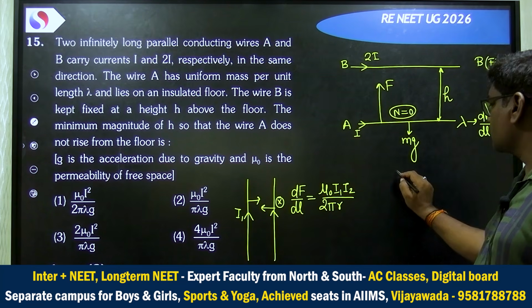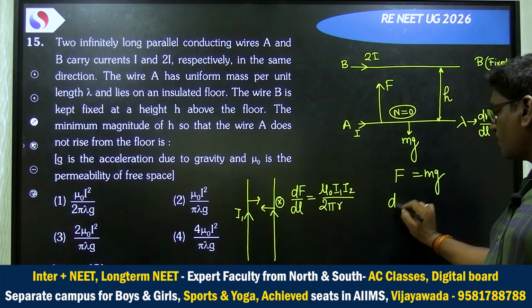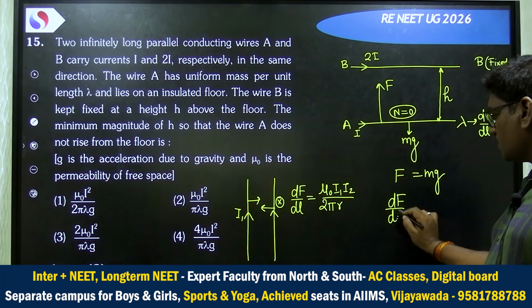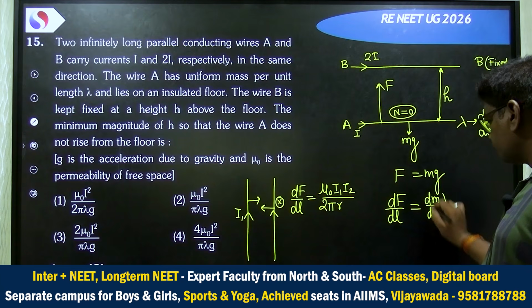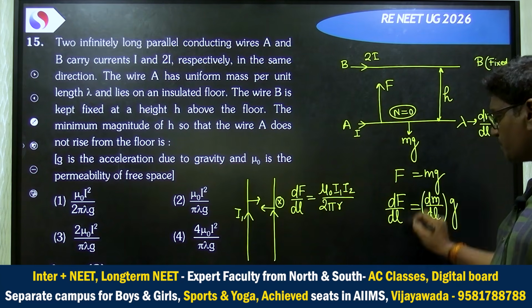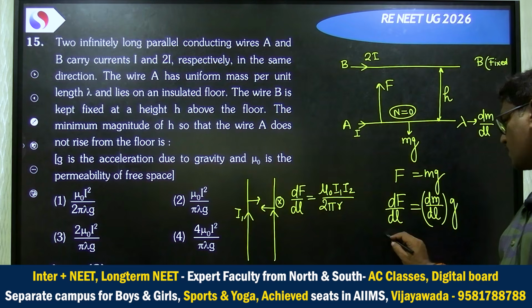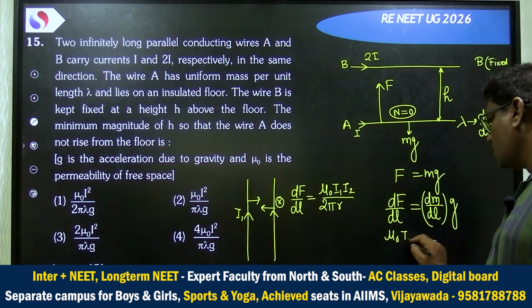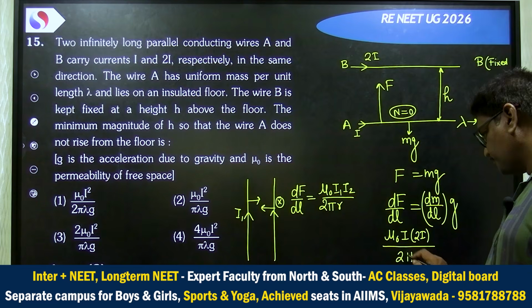So that means I can say this force will be equal to mg, or indirectly you can also say that the force per unit length will be dm by dl into g. Because if force is per unit length, then mass is also per unit length. Right? So this value will be mu naught into I into 2I, I1, I2 by 2 pi h.